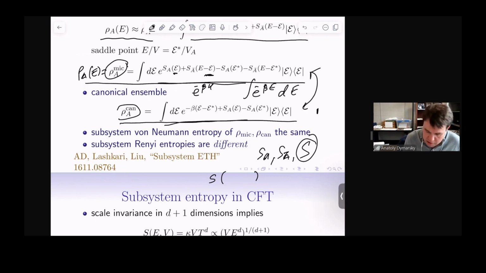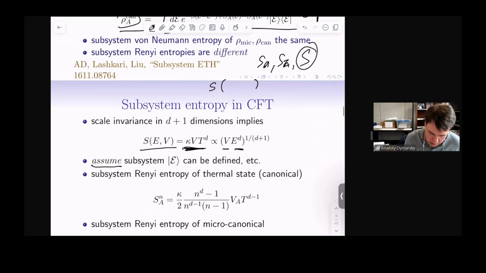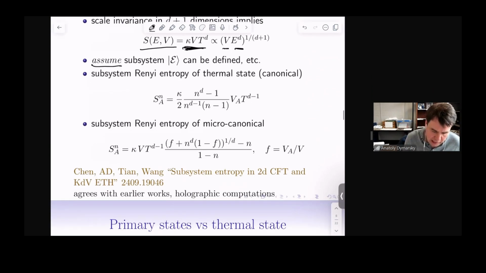So it becomes a very simple algebra calculation, and you immediately can get a result for the subsystem Rényi entropy in our thermal state. By thermal state, I mean the Gibbs state, or canonical ensemble, or you can do the same for the microcanonical ensemble. And we calculated that in the paper.